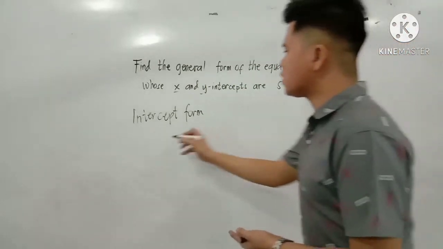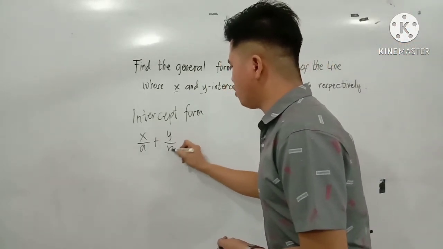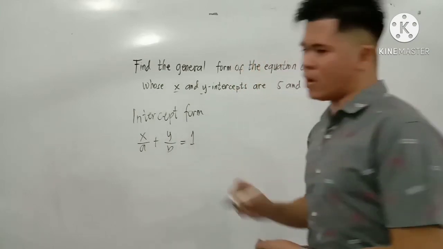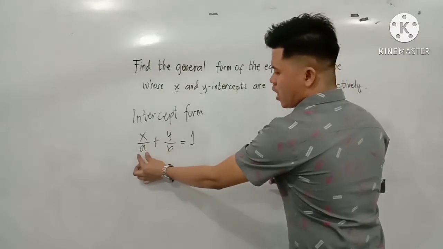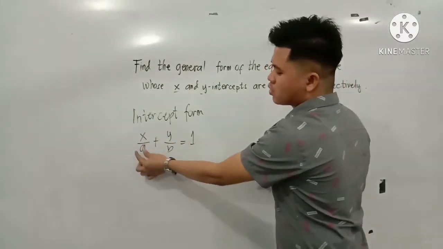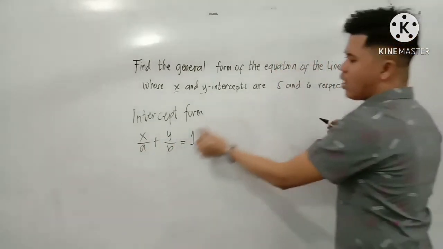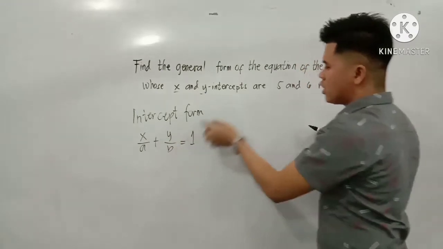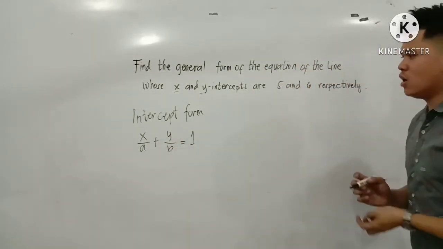The equation is simply x over a plus y over b is equal to 1. Our a is referring to the x-intercept, which is 5. Then our b is referring to the y-intercept, which is 6.